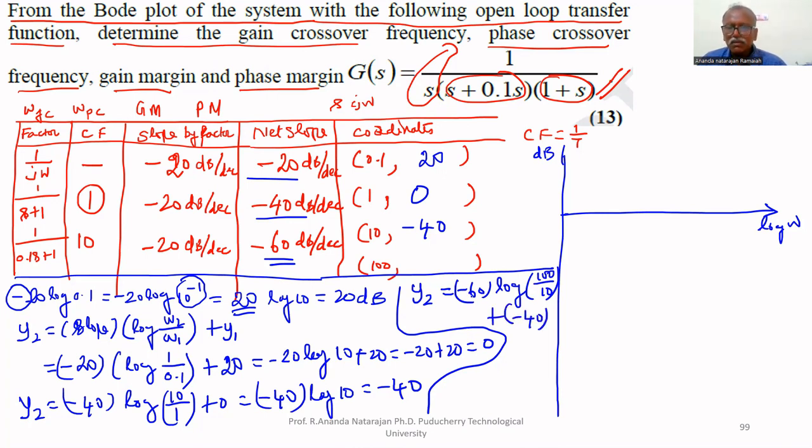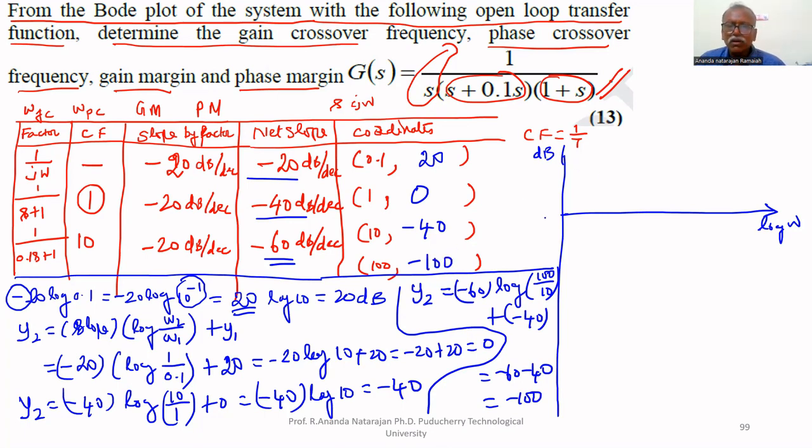So minus 60 log 100 by 10, which is log 10, that is 1. Therefore, that is equal to minus 60 minus 40, equal to minus 100. Therefore, here minus 100. That's all.